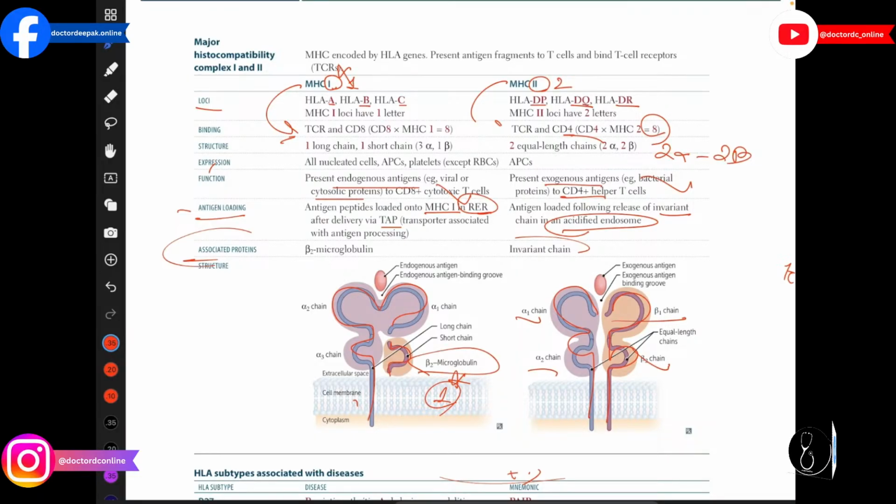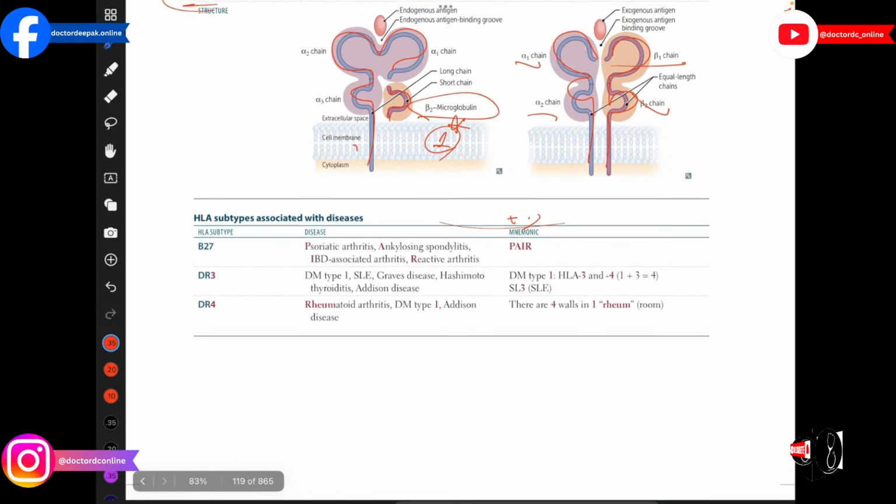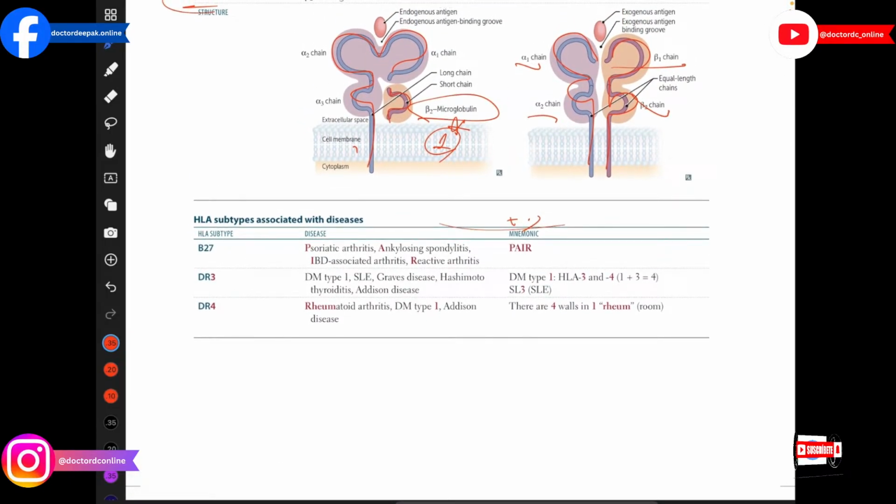It's all about the major histocompatibility complex, but there is also HLA subtype association with diseases. Some are easy, like B27, you have to remember that mnemonic pair. It is just a game of memorization, how strong a memory you have. The B27 HLA subtype has an association with psoriatic arthritis, ankylosing spondylitis, IBD-associated arthritis, and reactive arthritis. In simple words, you can remember B27 is associated with seronegative arthropathy.